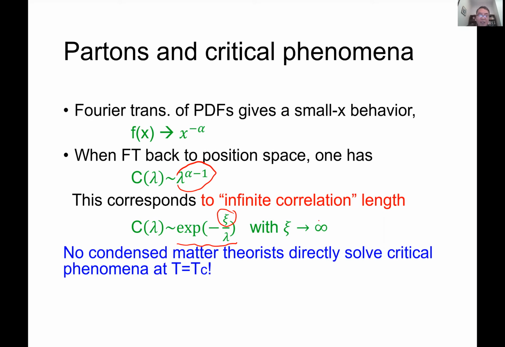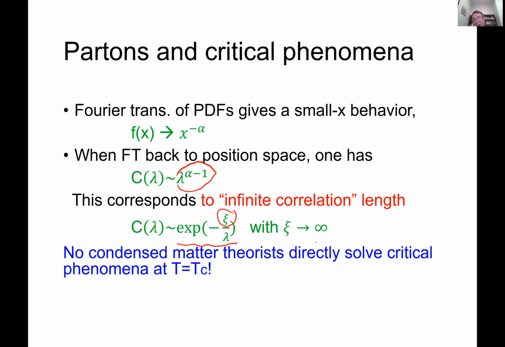So if you look at this Lightcone correlation function, which decays algebraically, it tells you the system is actually at the critical point. And so you try to solve Parton physics in the infinite momentum frame, and it is a problem with infinite correlation length. So it's like you try to solve critical phenomena exactly at a critical point, and that's where the correlation length diverges.